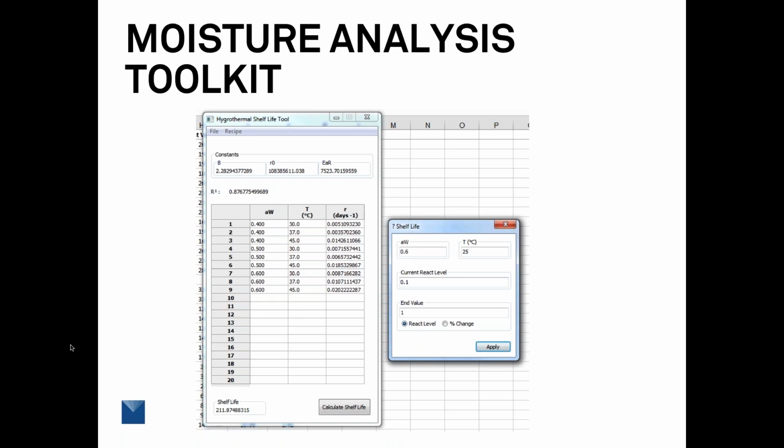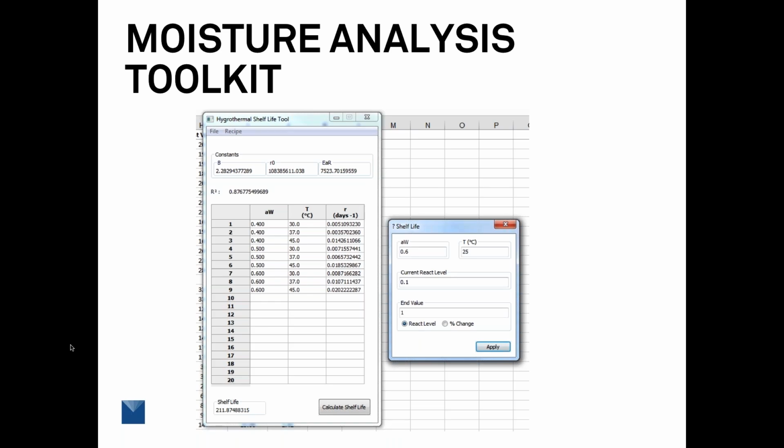If you put that information in, it will then calculate the rate for those conditions that you've presented, and then it will use that information to model and identify the constants for the hydrothermal time. And then down at the bottom, you can see calculate shelf life.